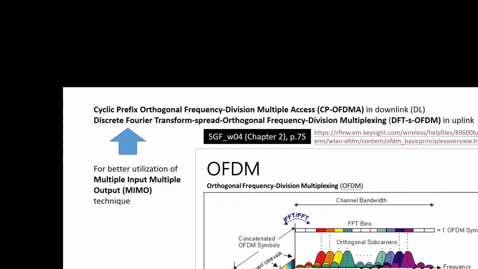I don't know why here it is 50. Maybe I'm wrong. 2, 4, 6, 8, right? 10, 12, 14. Well, but anyway, you understand, right? So it becomes like a matrix. So you continue sending the data.